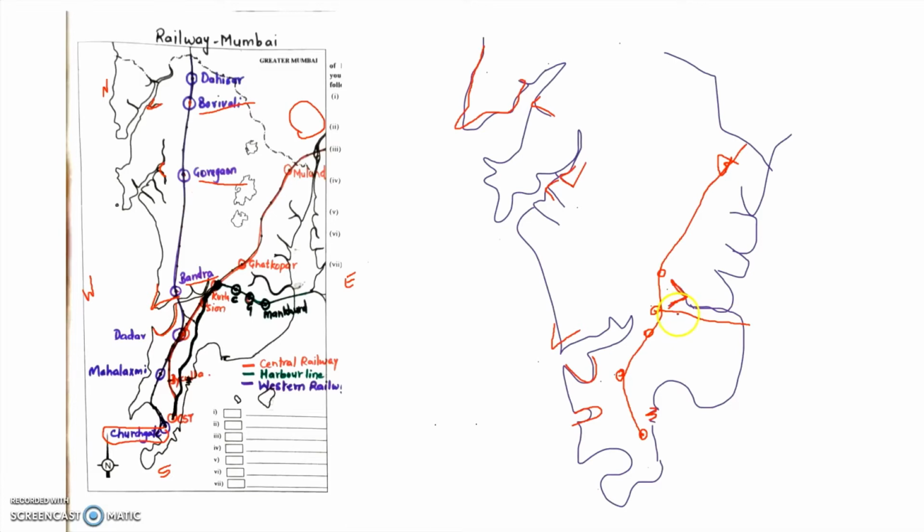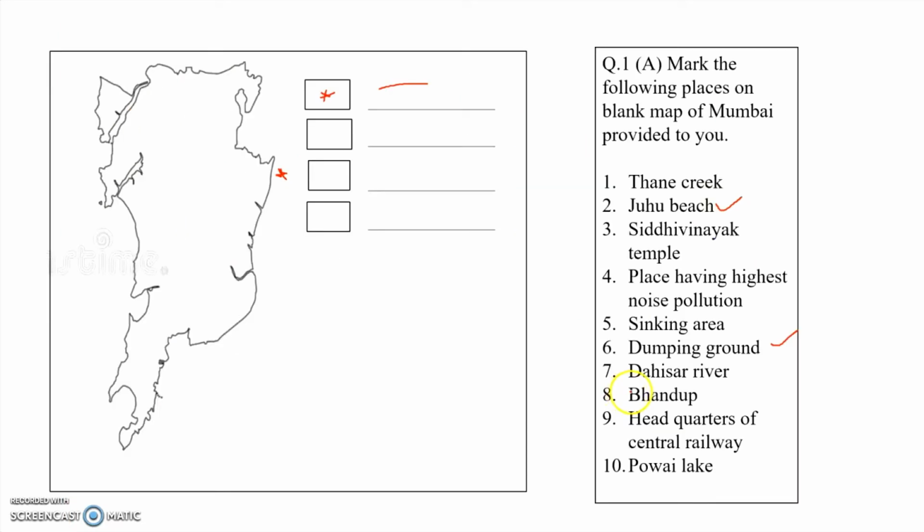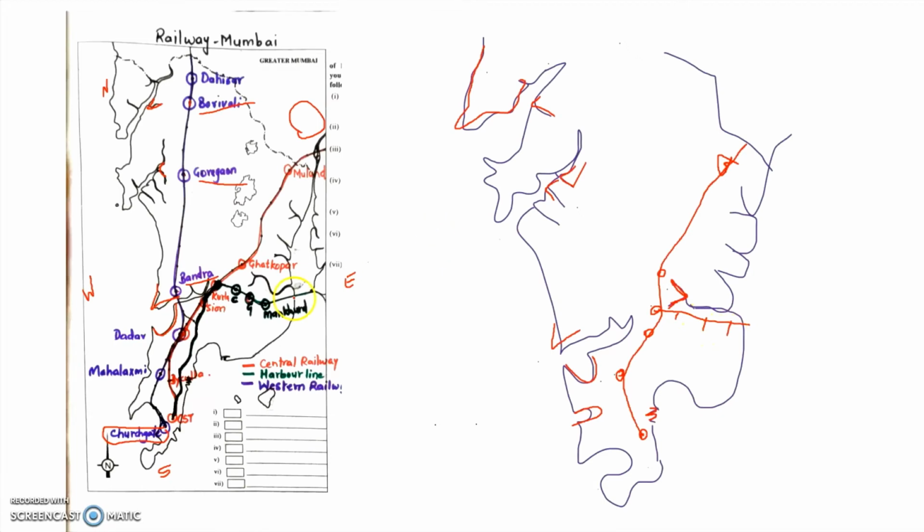And just remember three alphabets. C, G and M. Chembur, Govandi and Mankhurd. If you just remember these stations, this will be very much enough for you, because if I ask you where is Bhandup station, you know that after Mulund there is Nahur, after Nahur there is Bhandup.